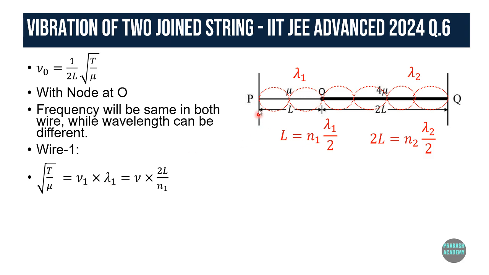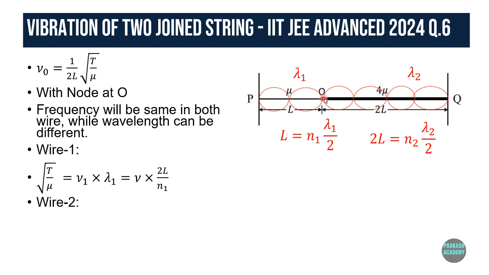So let us say in this case frequency is nu 1 and wavelength is lambda 1, but I said frequency will be the same in both wires. So nu 1 equals nu 2, and this equals nu. So nu 1 equals nu, and lambda 1 from this equation I can find. So this will be 2 times L divided by n1 equals lambda 1. So I can write 2L by n1.